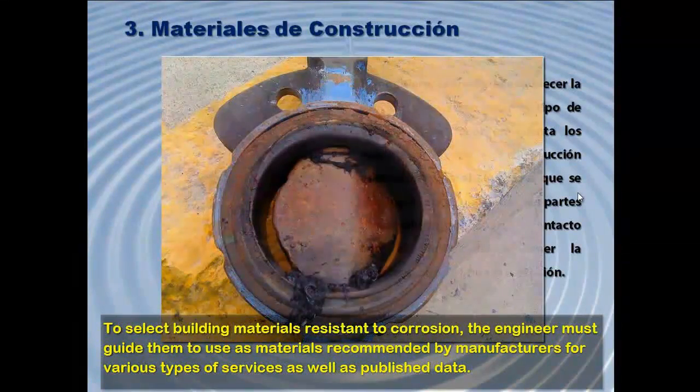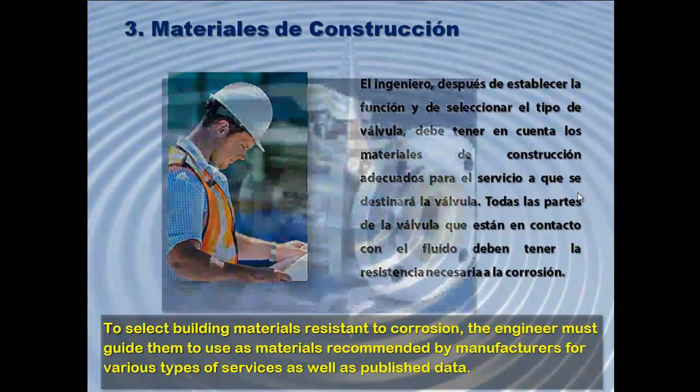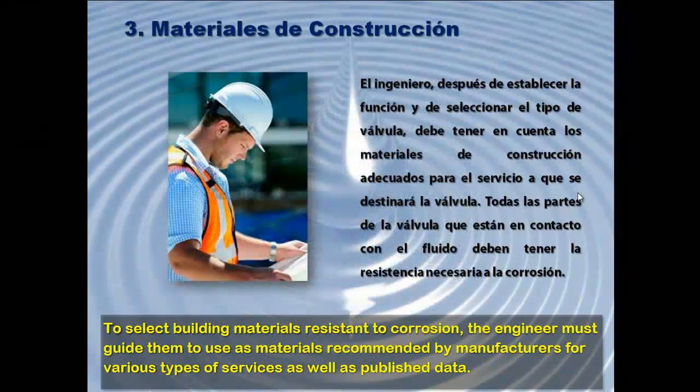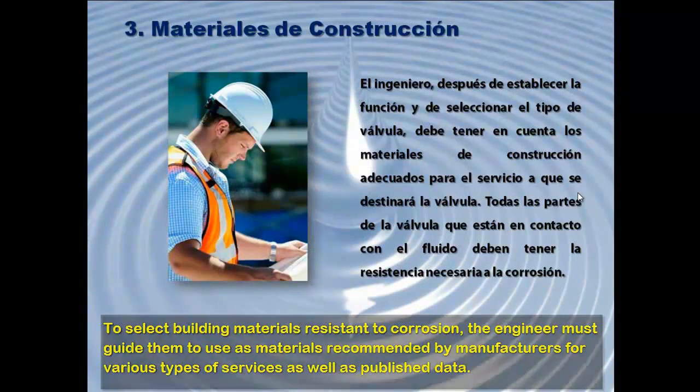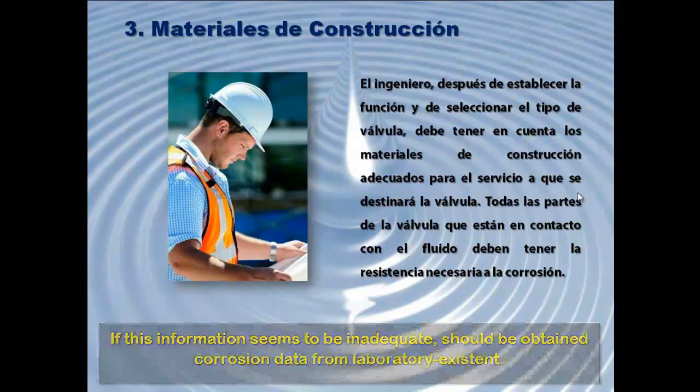To select corrosion-resistant materials, the engineer should use the materials recommended by manufacturers for various types of services, as well as published data. If this information seems inadequate, corrosion data should be obtained from an existing laboratory.